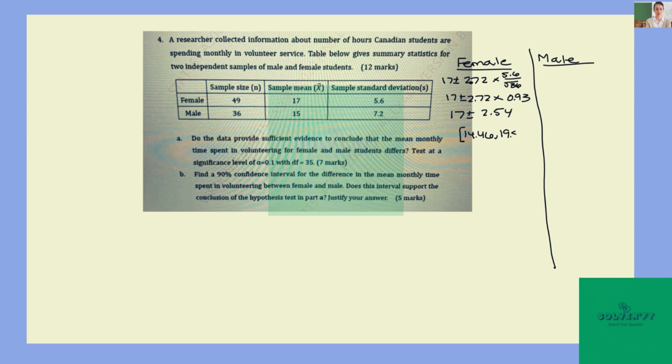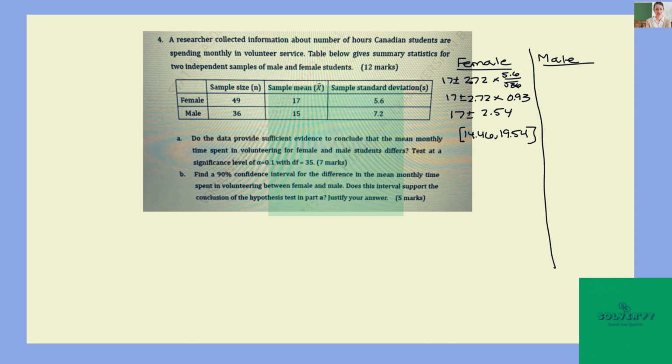So then that confidence interval is going to be 14.46, comma 19.54. And then for the male, the average is 15, and the standard deviation is 7.2.